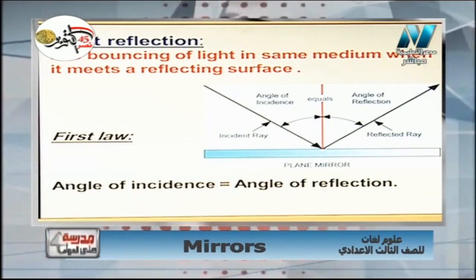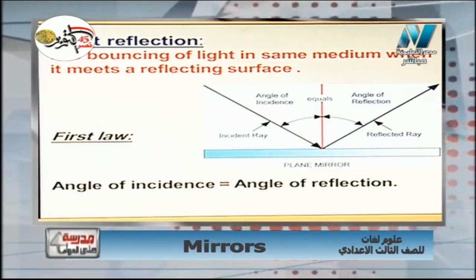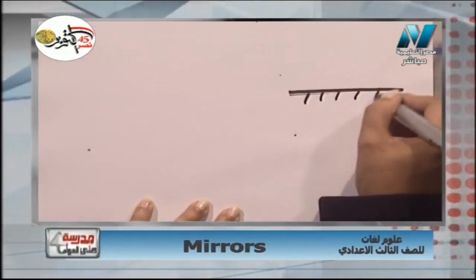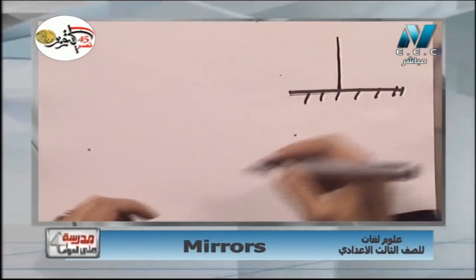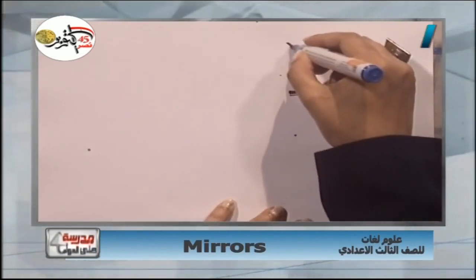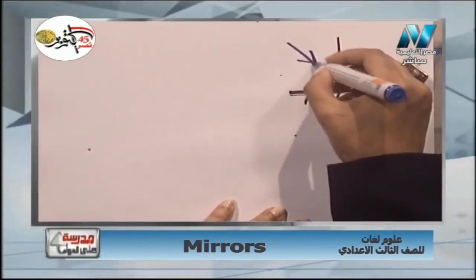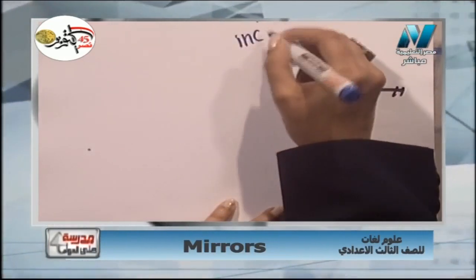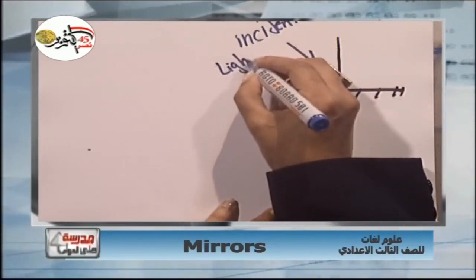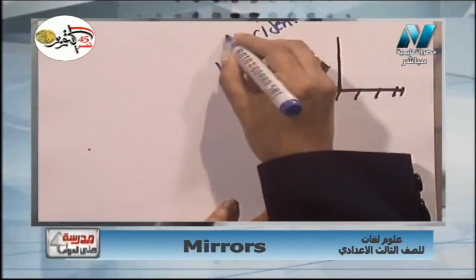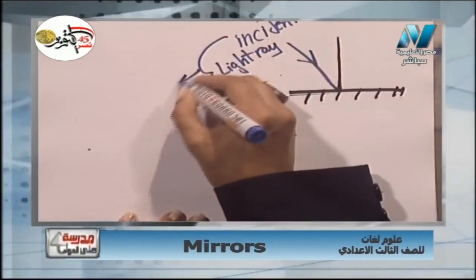First, we are going to explain this diagram again. This is the mirror, the reflecting surface. This is the perpendicular line, our line of perpendicular or normal. The light falls like this. Incident light ray. What's meant by incident light ray?